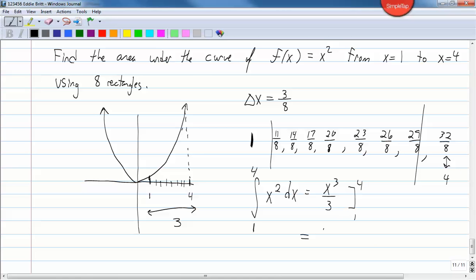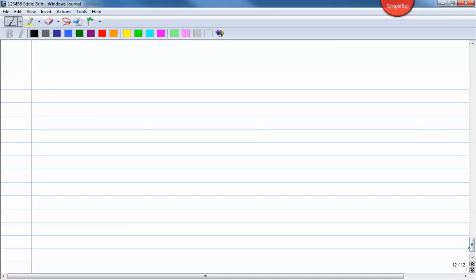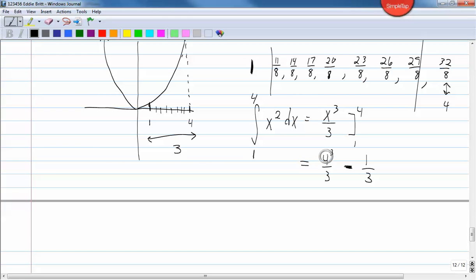So that's 4 cubed over 3 minus 1 cubed over 3. 4 cubed is 4 times 4 is 16 times 4 is 64. So that's 64 over 3 minus 1 over 3, or 63 over 3, which is 21. So the actual area under the curve is 21 square units.